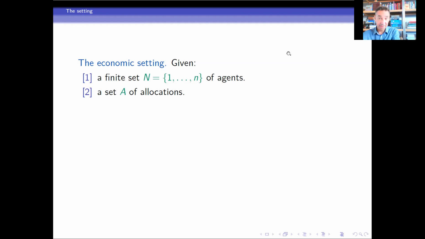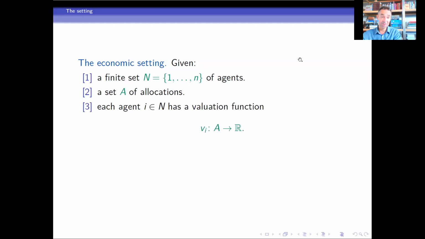So it can be indivisible items or divisible items or even production capabilities. You can think of many situations that would fit into this very, very general description. The only thing that we do need is that each agent knows how he or she would evaluate that specific allocation.